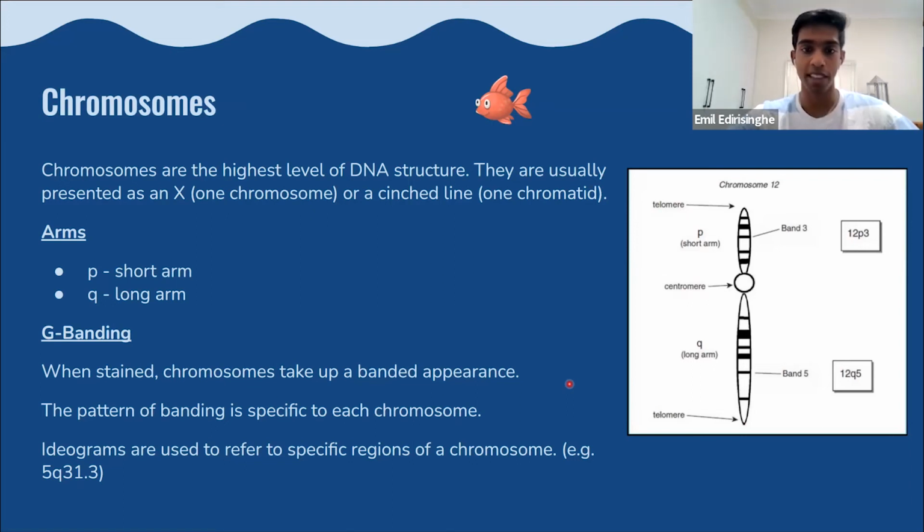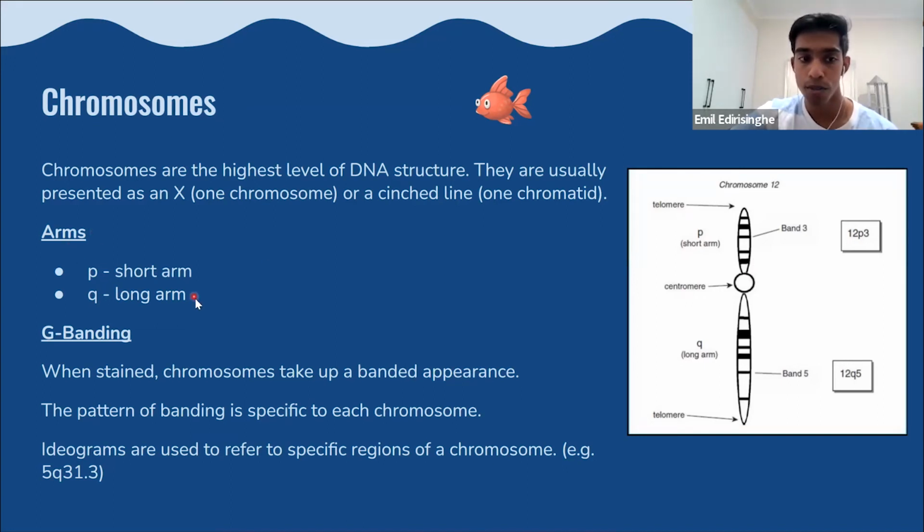I think we talked about this last week, in that you have your chromatin, which goes into the chromosomes. There is a way of organizing and showing chromosomes to point out where specific genes are on each chromosome. They're usually shown as an X, which is one chromosome, or as a cinched line, one chromatid. So this would be one chromatid, for example.